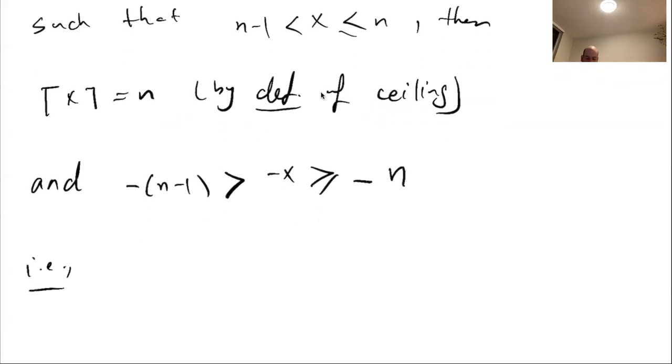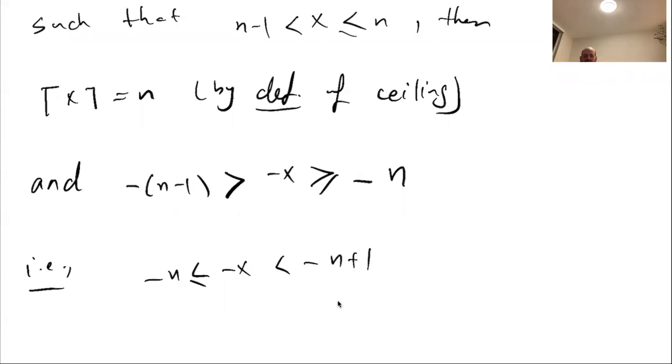And this means minus n is less than or equal to minus x, less than minus n plus 1. I can also write this inequality this way, right? It doesn't matter if you say 5 is bigger than 2, or you can say 2 is less than 5. So, of course, I can also write here minus n less than or equal to minus x less than minus n plus 1. Minus bracket n minus 1 is minus n plus 1, which is what I wrote here.